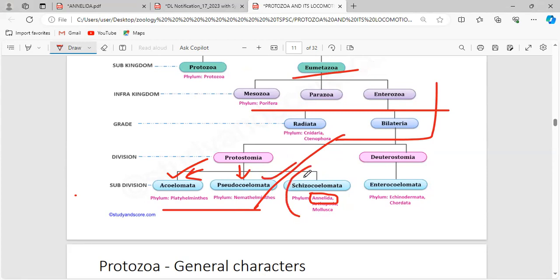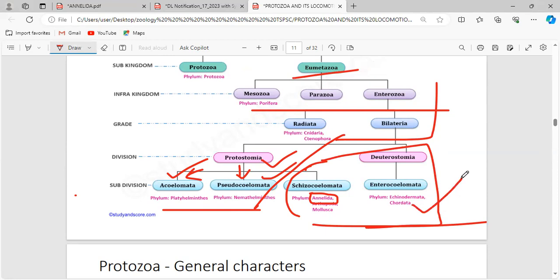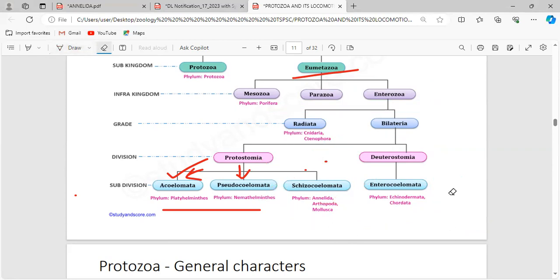In the protostomia, the schizocoelomata and enterocoelomata, these two divisions only will have a very good body cavity. And which is the phylum where the body cavity emerged first? Only when you know the phylum Annelida is placed in the schizocoelomata can you easily answer this question. This is why I'm stressing why classification helps you answer those questions. This is how you have to analyze the question.